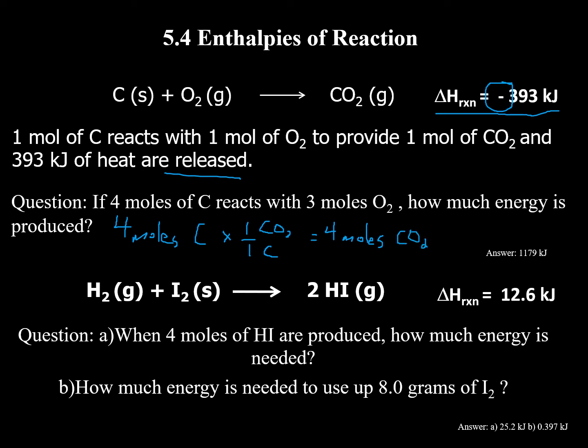And we have to do the same thing with O2. So if we do the same thing with O2, 3 moles of O2, again a 1-to-1 ratio, and you'll get, as a result, 3 moles of CO2.